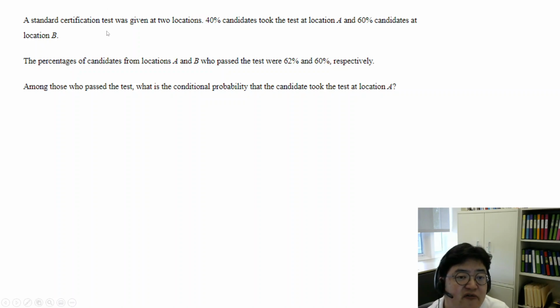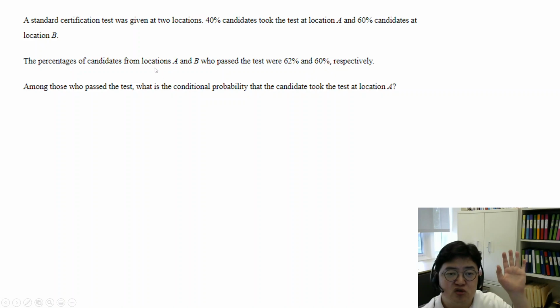A standard certification test was given at 2 locations. 40% took the test at location A and 60% at location B. The percentages of candidates from locations A and B who passed the test were 62% and 60%.